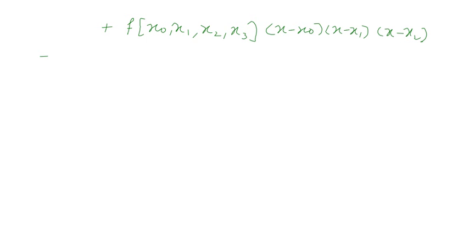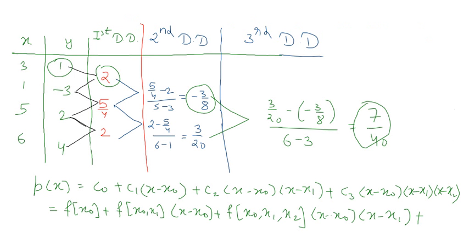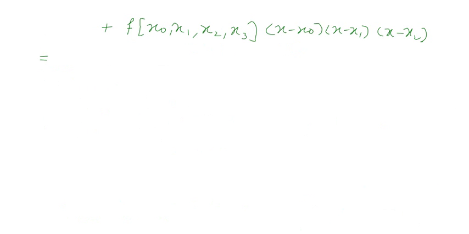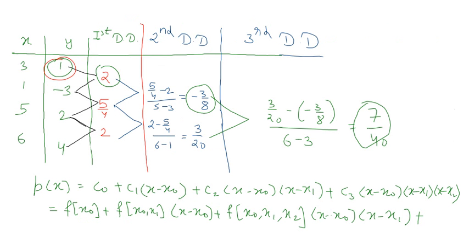So C naught is f of x naught, that is 1 from the table, plus the first divided difference, which is 2. So we have to look in this direction here to get all the divided differences in sequence.